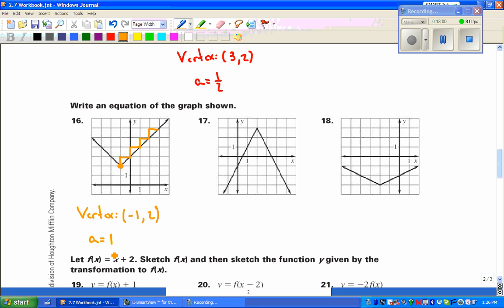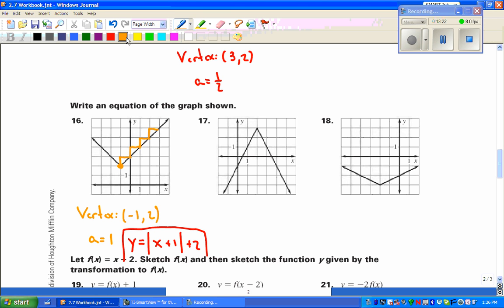So it's a +1. So if you wanted to write the equation in this one, y equals, your a comes next, but it is a 1. So you're just going to put the absolute value of x plus 1, and then you got plus 2. Here's your equation for that one.